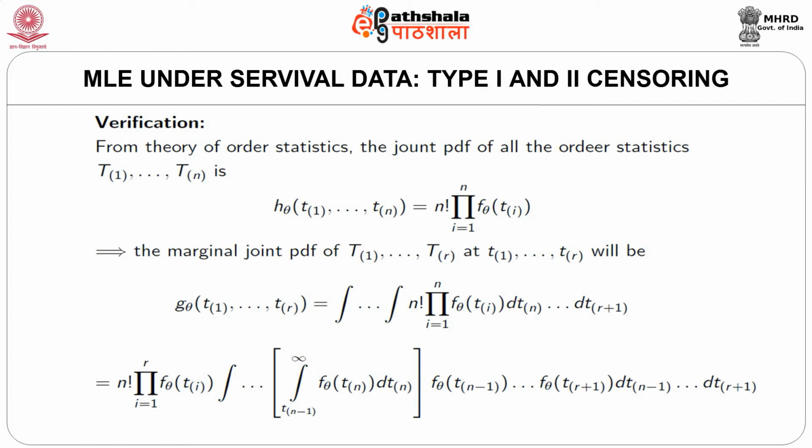into the product over f theta ti with respect to t order r plus 1 up to t order n, and that is equal to n factorial into the product over i from 1 to r of f theta ti times the integration with respect to t order r plus 1 up to t order n of the PDF f theta t order 1, t order 2 up to t order n, and that is equal to n factorial times the product over i from 1 to r of f theta t order i times the integration of the PDF f theta t order n with respect to t order n, and the dependent range should be taken as t order n minus 1 to infinity.